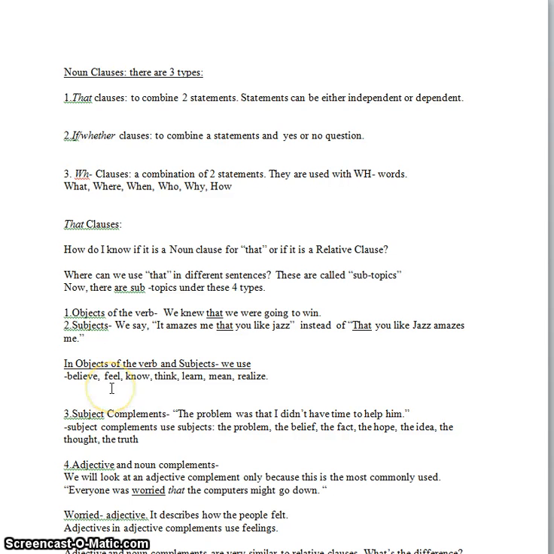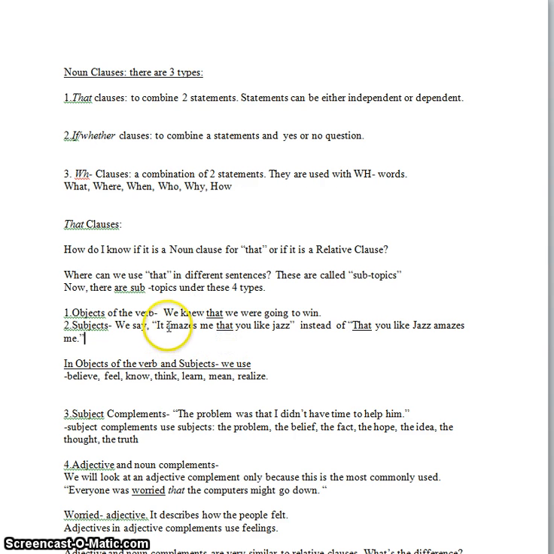Now, it's important for you to understand that these 2 things, objects of the verb and subjects, have verbs that we use. So for subtopic 1 and subtopic 2, we're going to use verbs like this: believe, feel, know, think, learn, mean, realize. Here's a form of know right here.